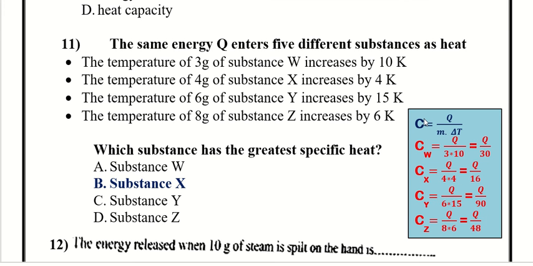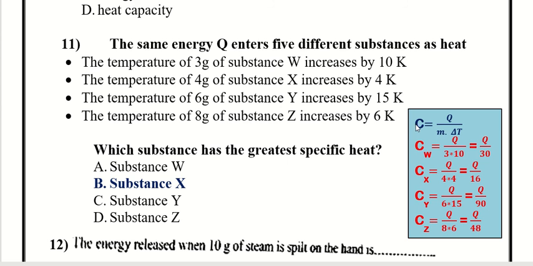Question number 11. The same energy Q enters 5 different substances as heat. What would happen here if the temperature of 3 grams of substance W increases by 10 degrees Kelvin, the temperature of 4 grams increases by 5, the temperature of 6 grams increases by 15, and the temperature of 8 grams increases by 6? Which substance has the greatest specific heat capacity?